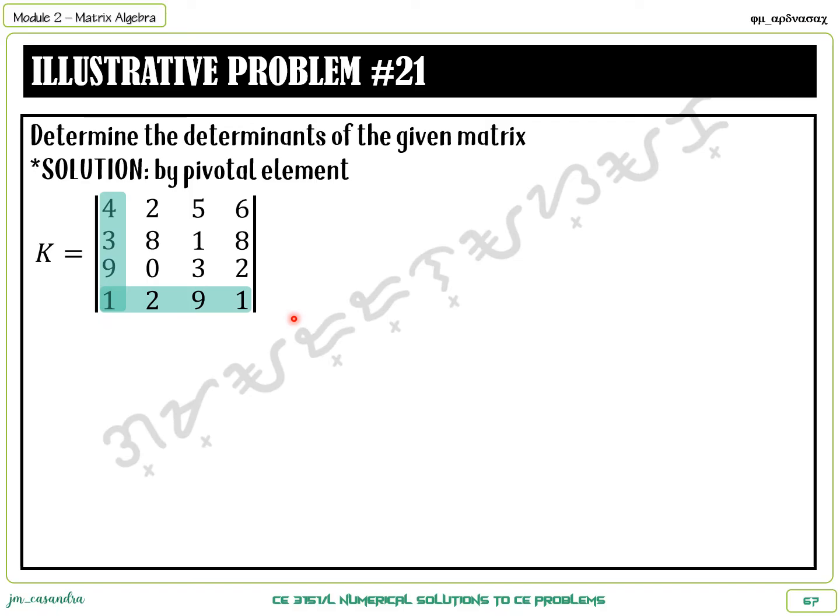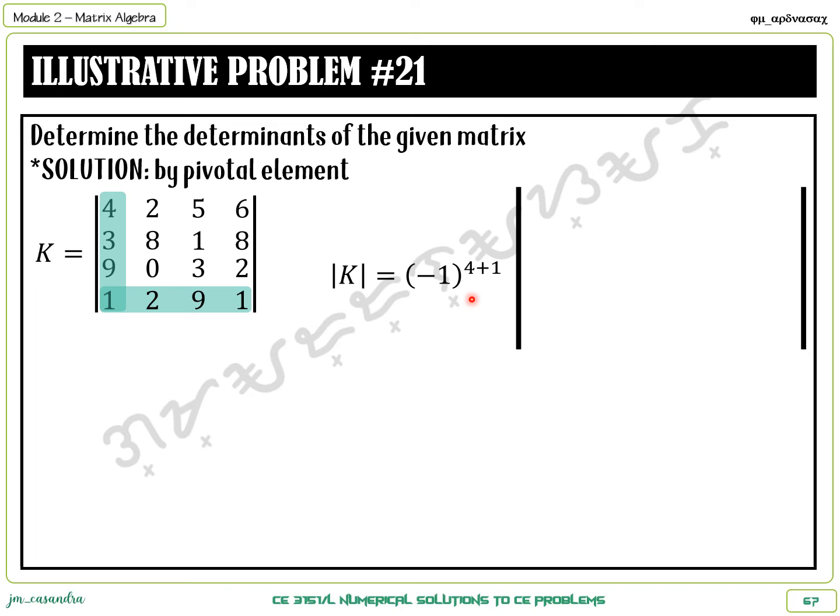So what we will do is to solve for the determinant K using negative 1 raised to the sum of the row and the column. So that's 4 plus 1. So it's the same as the K factor. Negative for the sign convention.